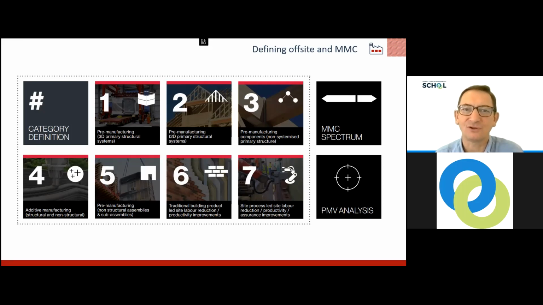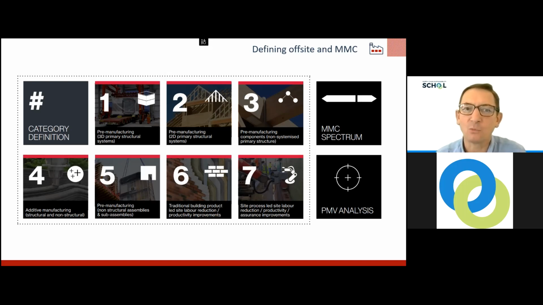I think you would traditionally say that stages 1 to 5 that you see on the screen in front of you are what I would call putting content offsite, where rather than constructing things on a building site, we're actually putting them into a factory environment. 6 and 7 are how we go about improving the productivity of the actual assembly process. So we've taken this modern methods of construction definition framework because it helps if we all within the industry speak the same language. Just very quickly, what do I mean by these various forms of offsite construction?